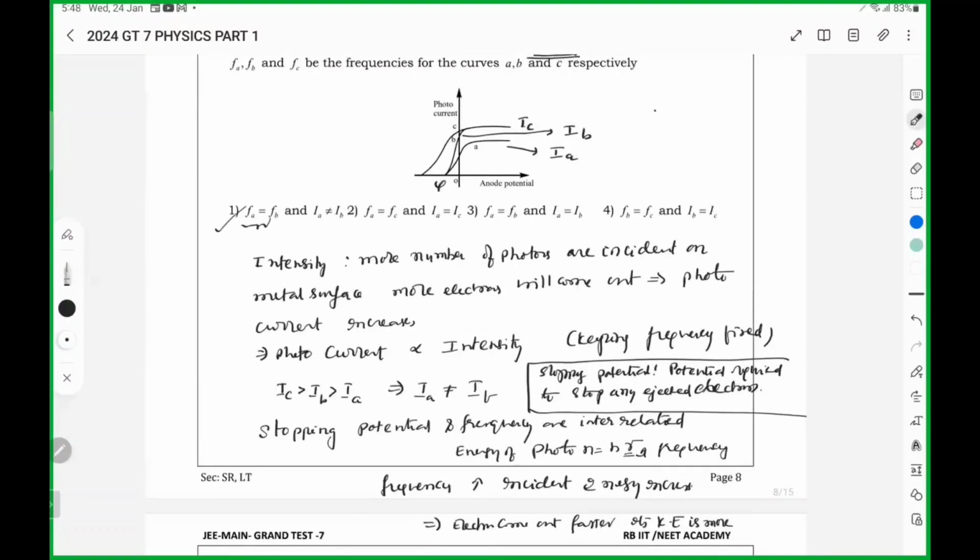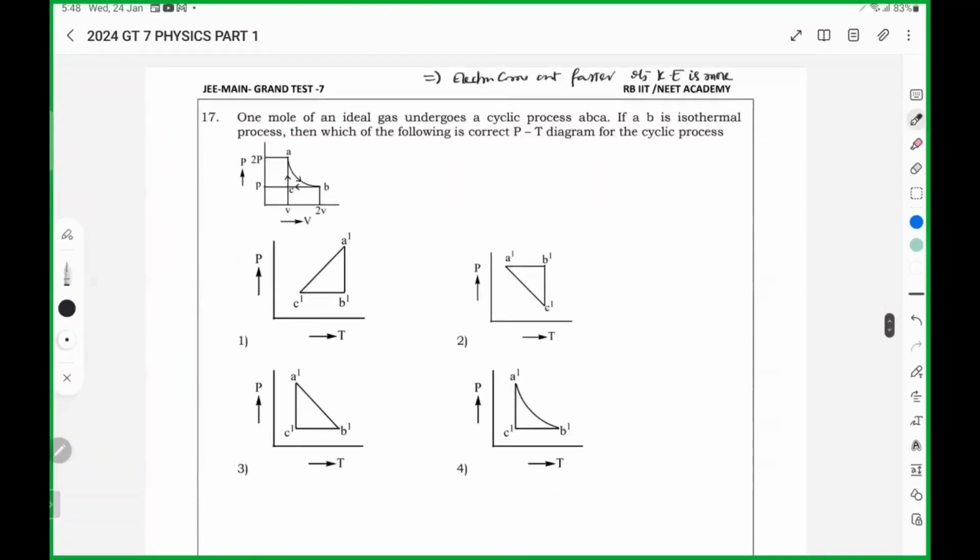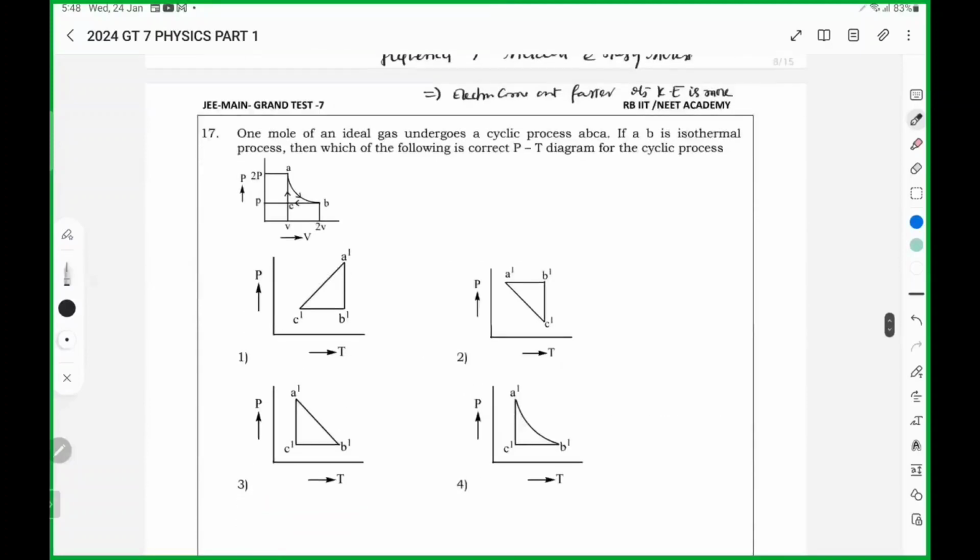If at all stopping potential is the same, so frequency must be the same. So the suitable option is the first one.